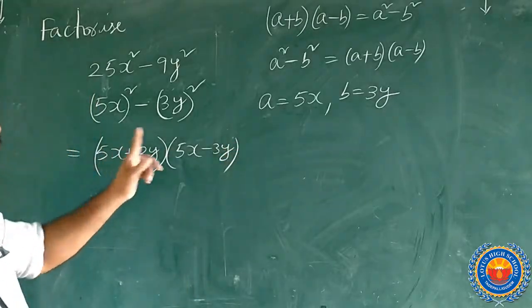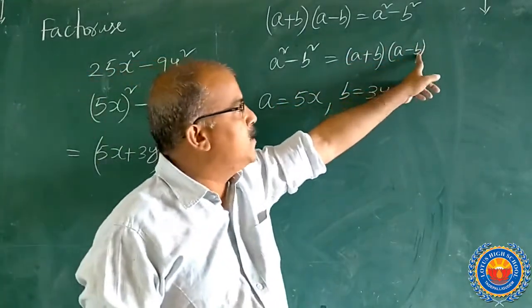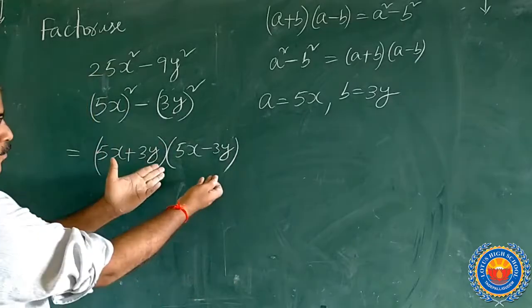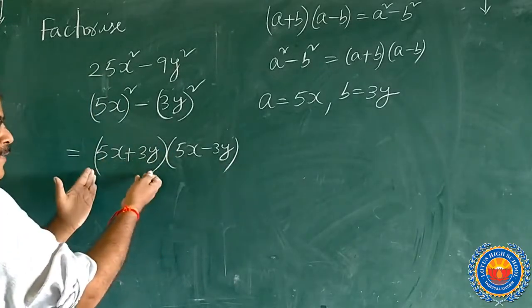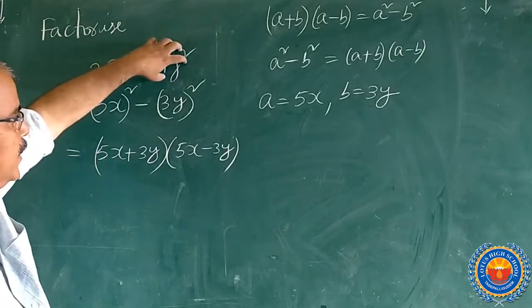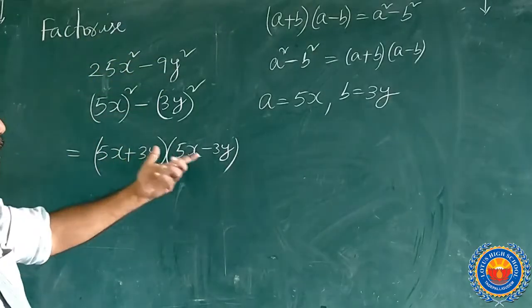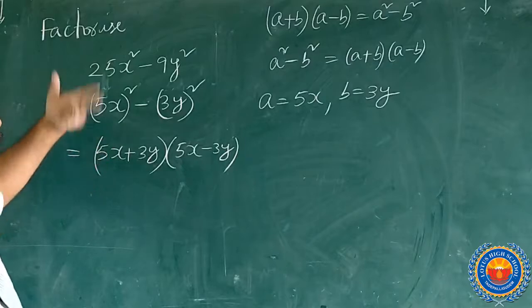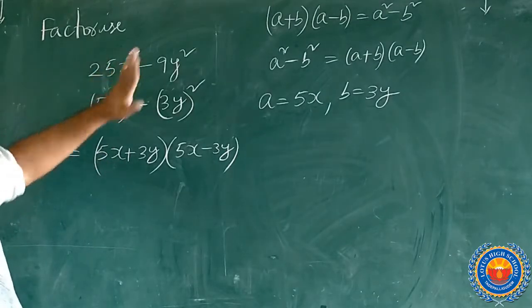A plus b into a minus b, or a minus b into a plus b also, no problem. So 25x square minus 9y square is equal to (5x plus 3y)(5x minus 3y). If you multiply, you get 25x square minus 9y square.